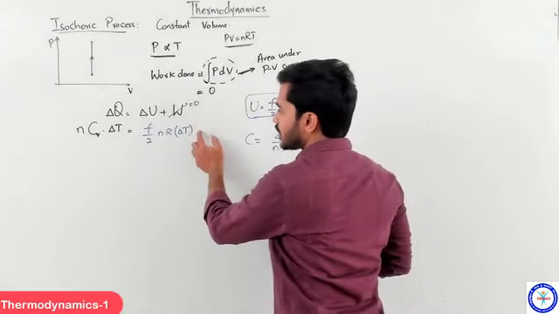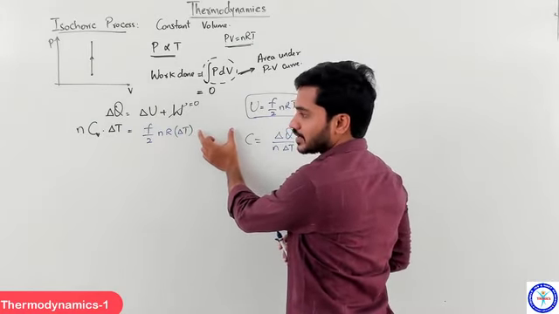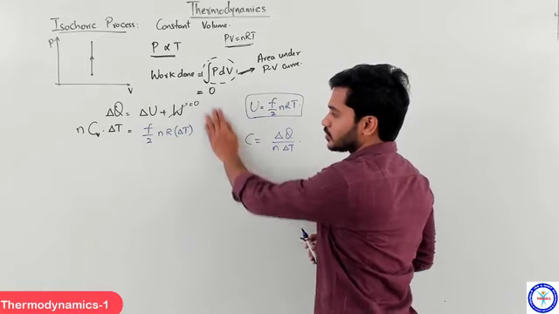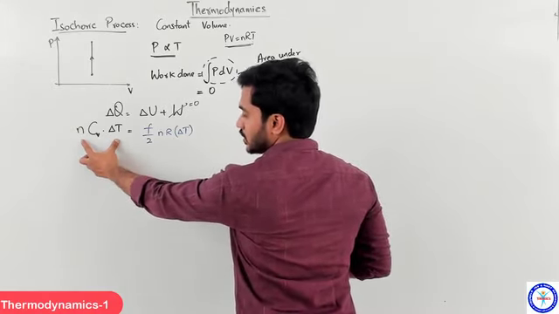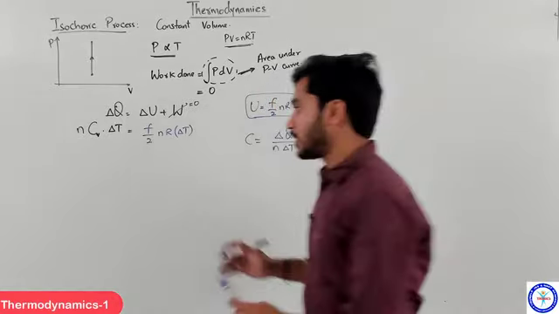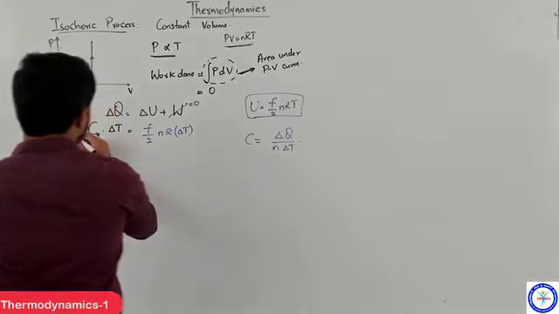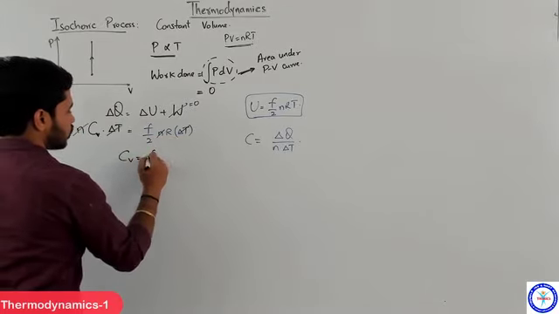So there is no work done, otherwise there will be an extra term here as well, but because there is no such term, we just have nCV delta T is equal to F by 2 nR delta T. Clear, students? And when I simplify this, I can cancel out n delta T on both the sides, and I'll get CV is equal to FR by 2.